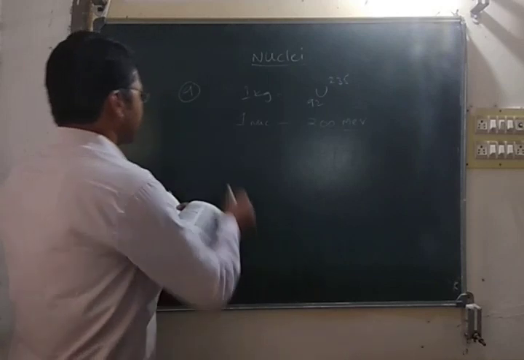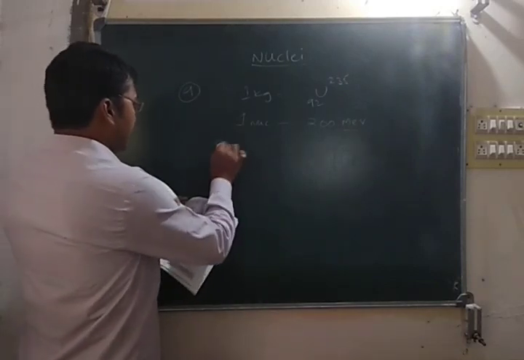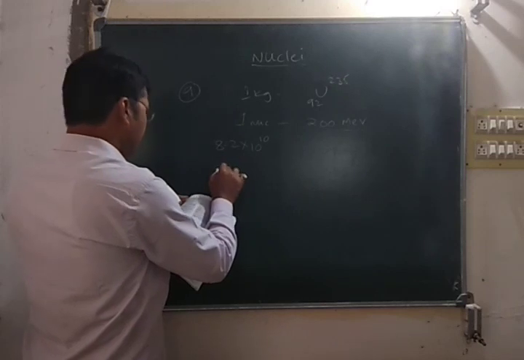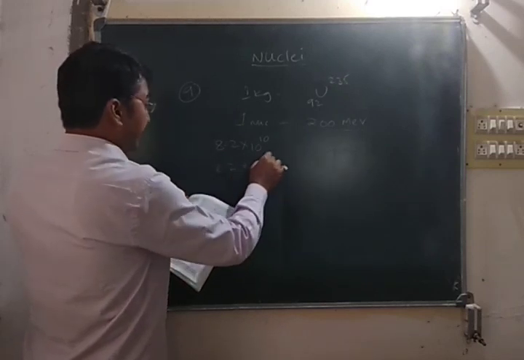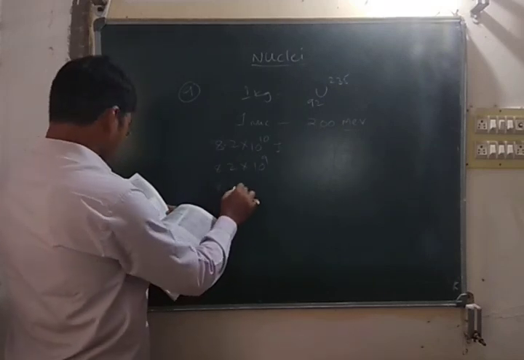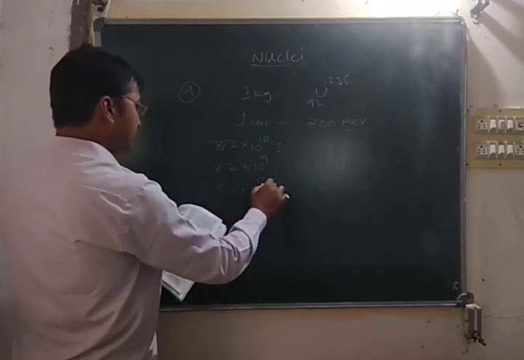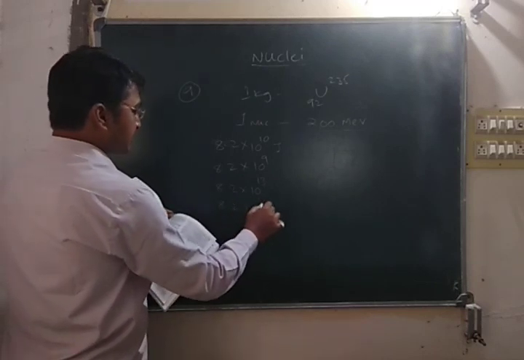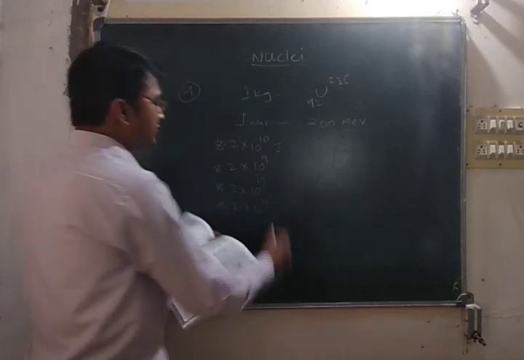They give the options: 8.2 into 10 to the power of 10 joules, 8.2 into 10 to the power of 9 joules, 8.2 into 10 to the power of 13 joules, 8.2 into 10 to the power of 16 joules. The answer is given in joules.